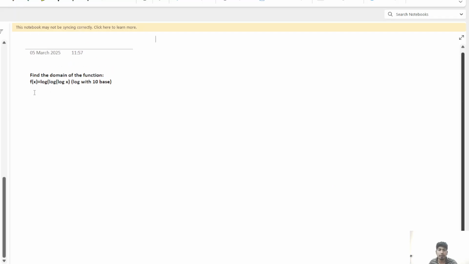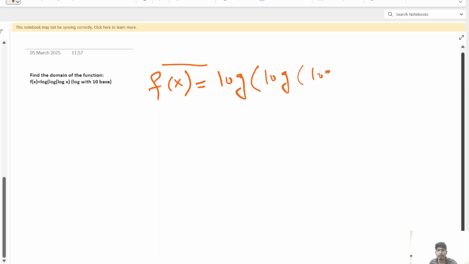So this is our question. We have to find the domain of the function log of log of log x. Here the base is 10, here is also 10, and here is also 10.